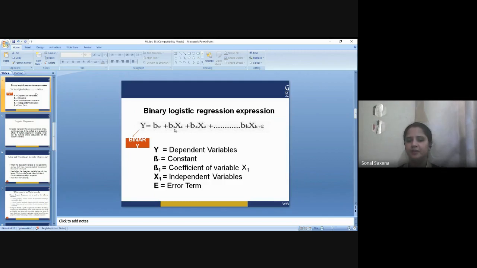So y here is binary in nature and it is the dependent variable, whereas b0, the beta, is a constant and beta 1 is the coefficient of variable x1. Similarly, beta 2 will be the coefficient of variable x2, and x1 is an independent variable. They are the features on the basis of which we are going to predict, and e is considered to be the error term.